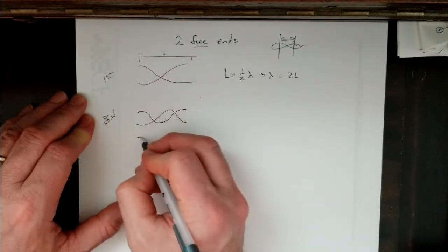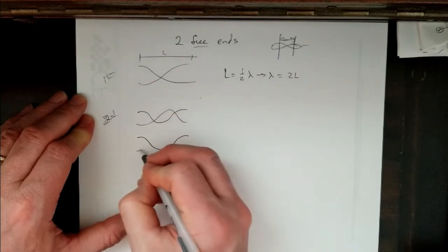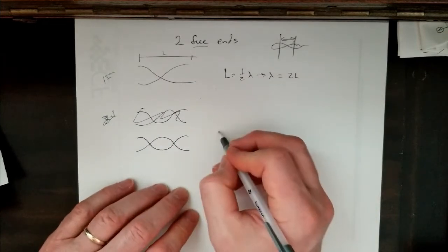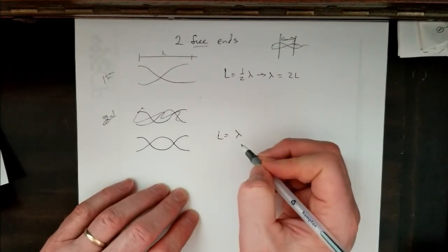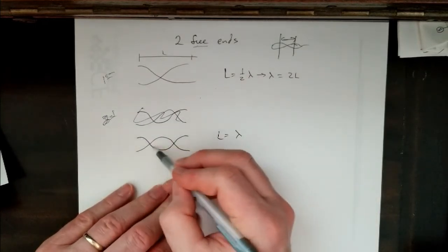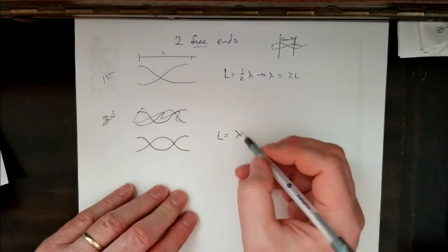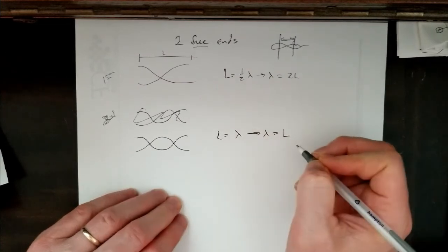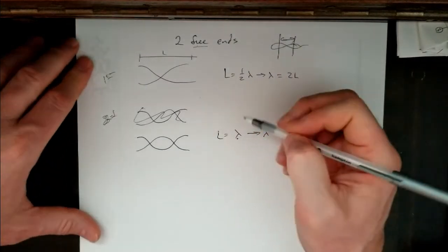that is drawn horribly. Let's see if I can draw it a little bit better. That's better. The second harmonic, that's a full wave, because we start here, we end up back where we started, going in the same direction. And so lambda is equal to L. And we're adding, again, half a wave every time.